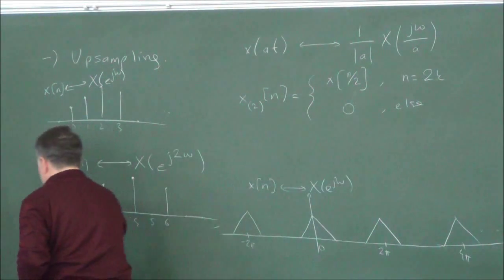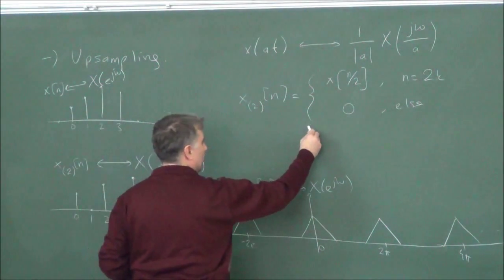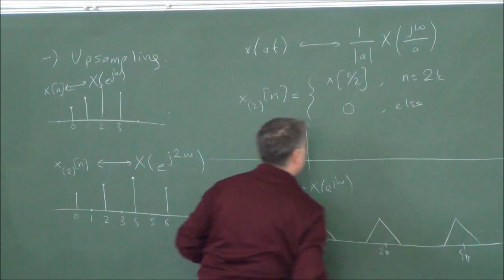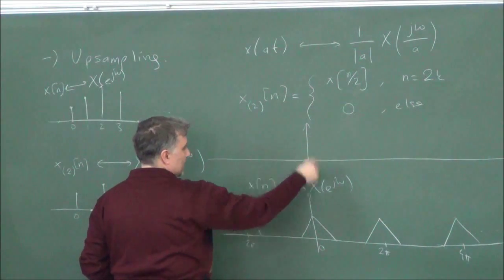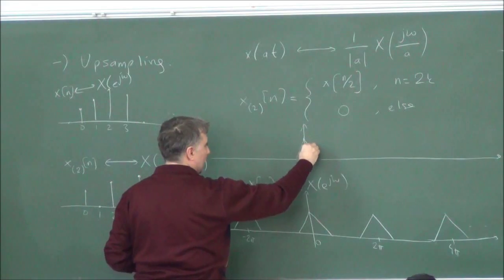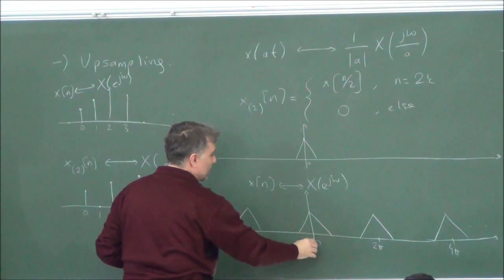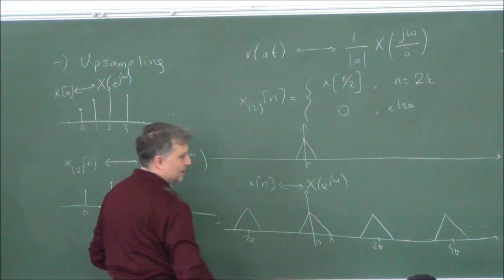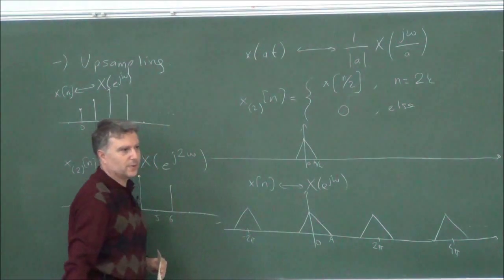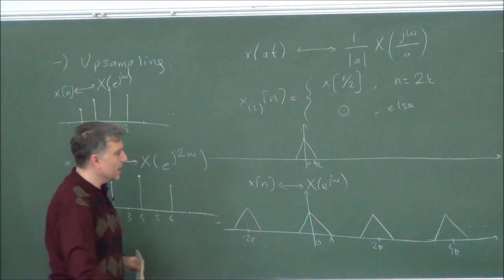I'll try to draw it here. So this will be narrower around 0. Let's assume that the cutoff is A, so we must have A over 2 as the new cutoff frequency.